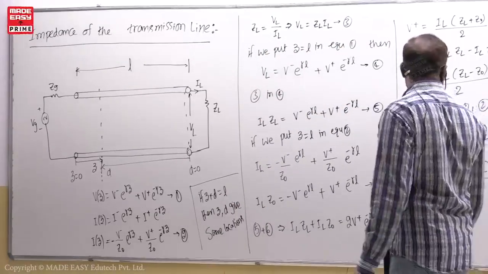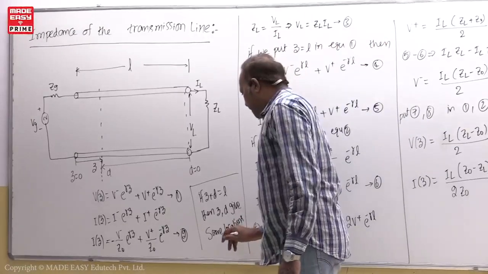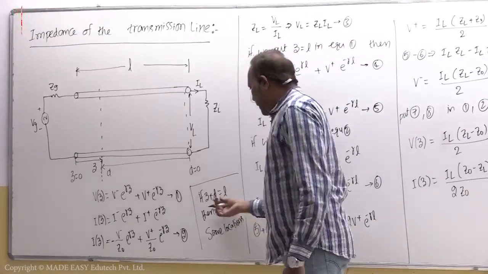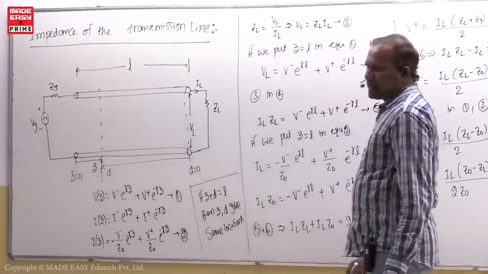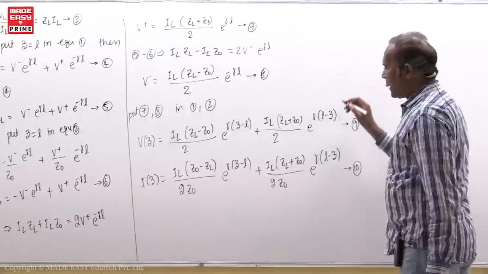Okay, so here D is equal to L minus Z, D is equal to L minus Z.